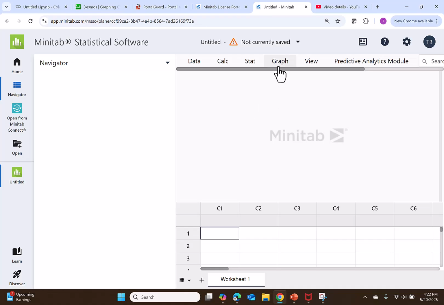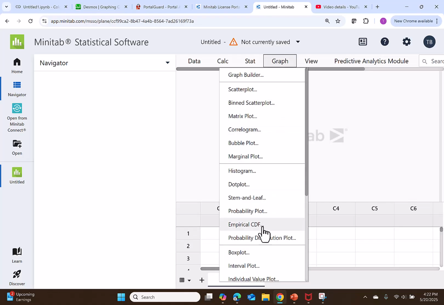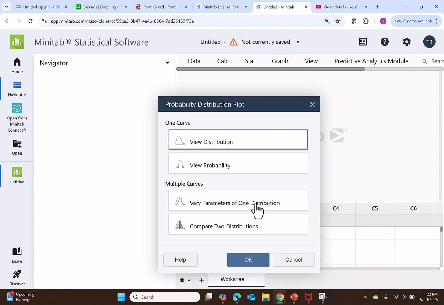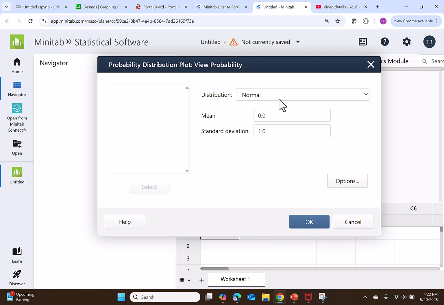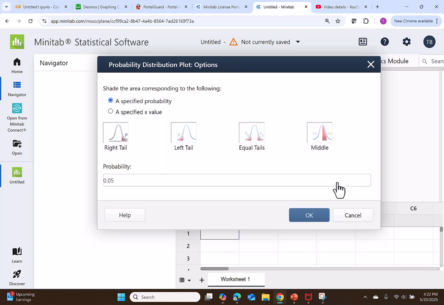Once we're in Minitab, we want to select Graph, Probability Distribution Plot, View Probability. We're going to leave our distribution as normal. We're going to leave the mean at 0 and the standard deviation at 1. This is a standard normal distribution. We're going to select Options.